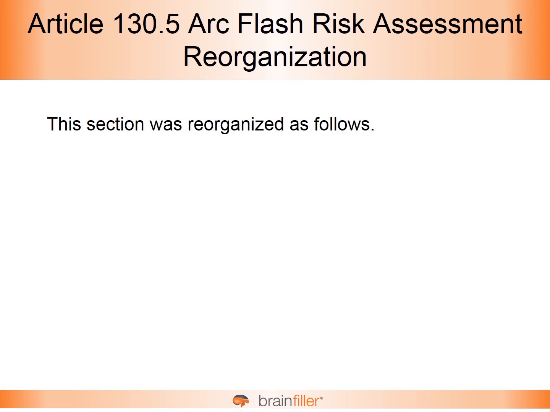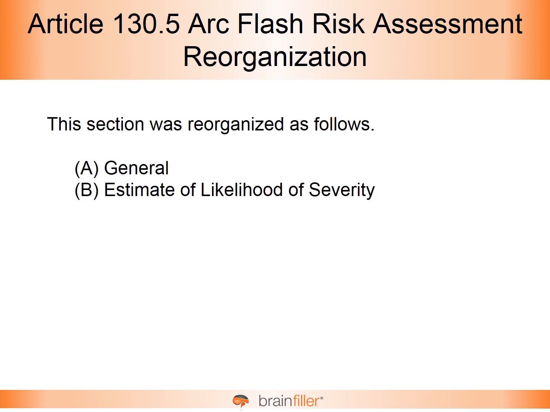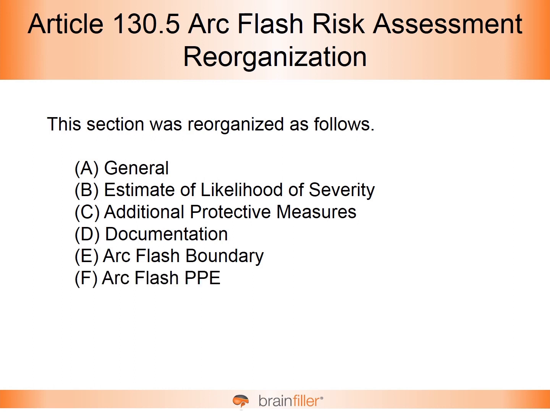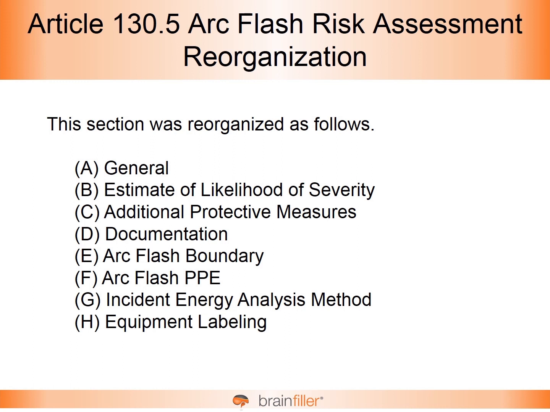The new organization of 130.5 includes A, general, B, estimate of likelihood and severity, C, additional protective measures, D, documentation, E, arc flash boundary, F, arc flash PPE, G, incident energy analysis method, and H, equipment labeling. So this is a more logical progression of the steps for an arc flash risk assessment.